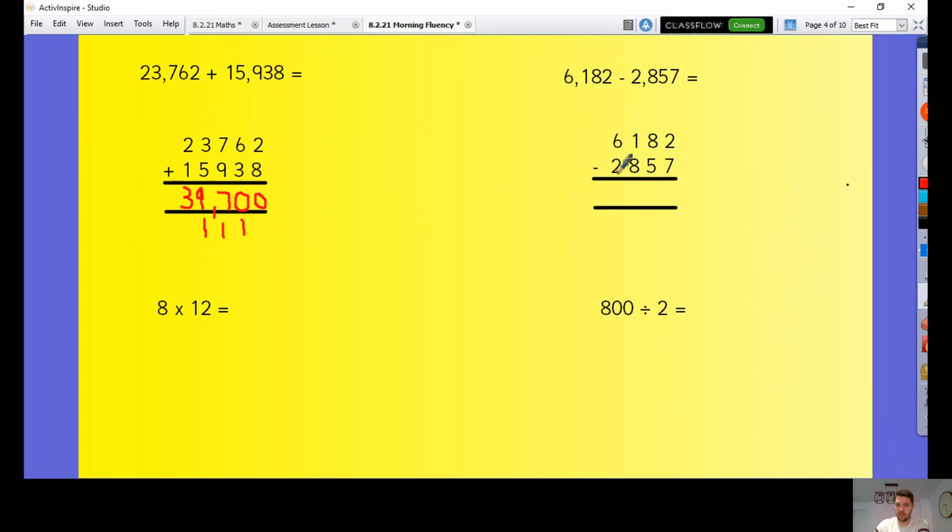6,182 subtract 2,857. 2 take away 7. I can't do that, so let's knock next door. My 8 is going to become a 7, and now I have 12. That 10 has been exchanged for 10 ones.